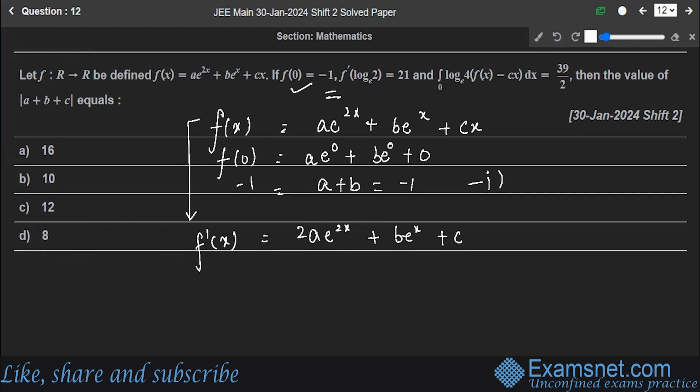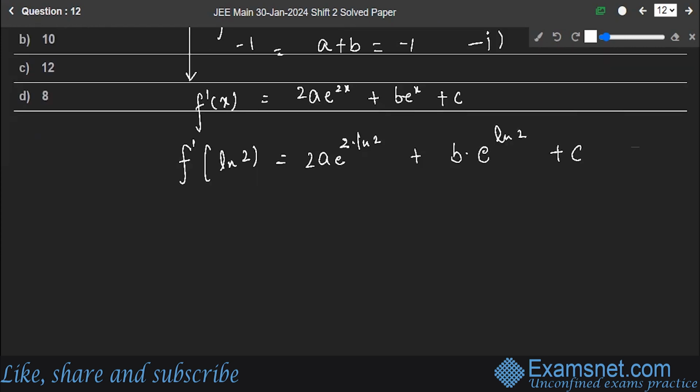If I find out f dash for natural log 2, this is given by 2a e power 2 into natural log 2 plus b into e power natural log 2 plus c. Let's solve. You have this as 2a e power natural log 2 whole squared, that's 4, plus b e power natural log 2 plus c.